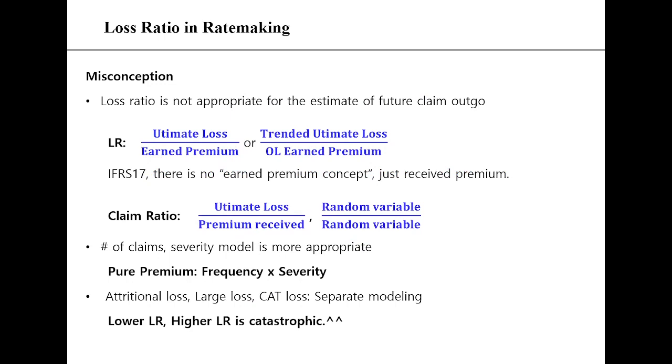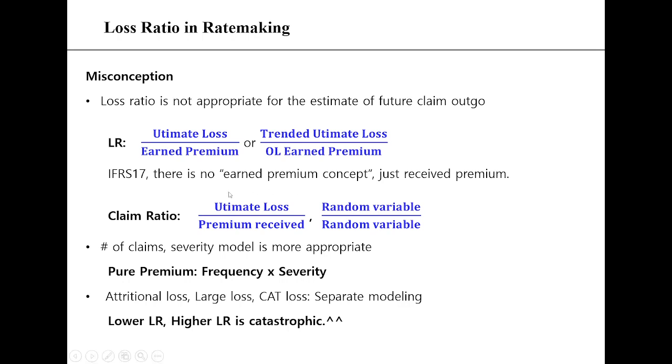And there is one misconception: loss ratio is based on earned premium, but in IFRS 17 there is no earned premium concept. So that's why in the experience adjustment, the only exception is premium. Premium itself cannot be partitioned through time, even though there is a simplified approach, the premium allocation approach.